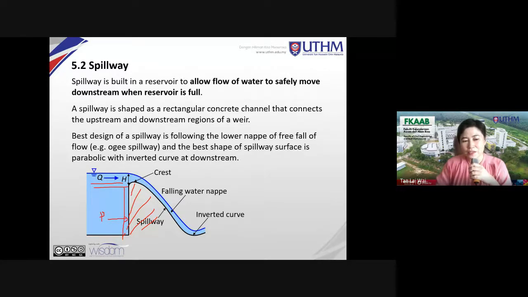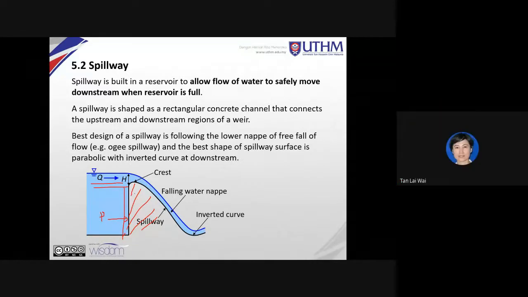Then there's a risk of this structure being overturned. So therefore, you want to maintain the depth behind the dam. So you have this spillway where you allow water to flow out safely downstream, to make sure the dam structure is safe.